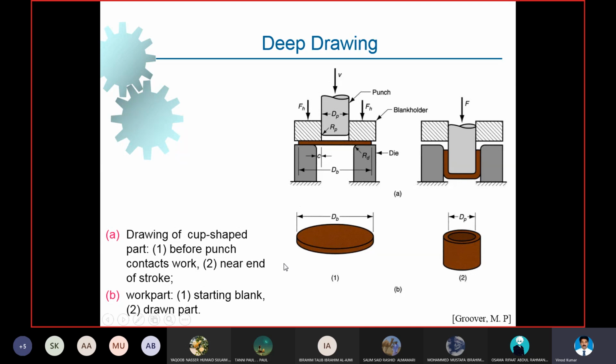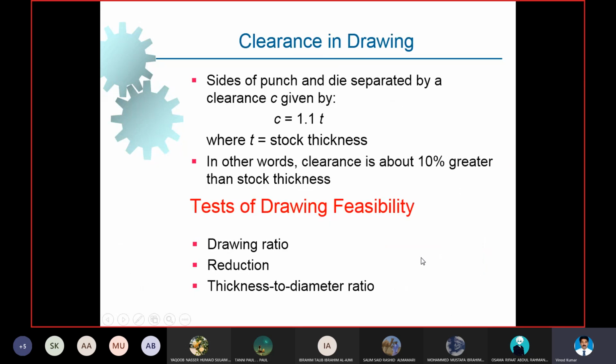So what are the requirements for deep drawing? This we are going to study now. Remember, the starting material blank has diameter db, and the final diameter becomes dp, the diameter of the punch, which is the inner diameter. You can produce cups, cans, automobile parts, etc. using the deep drawing process.